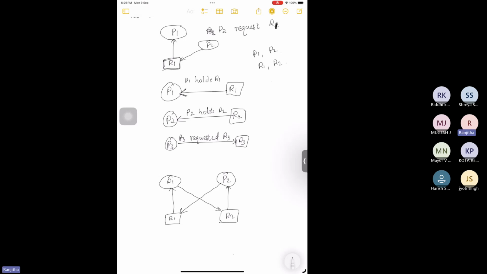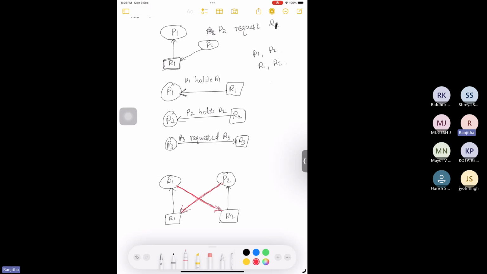So now if you see here, P1 requires R1 and R2. Same way P2 requires R1 and R2. P1 has R1 but is waiting for R2. That is this arrow, and this arrow.